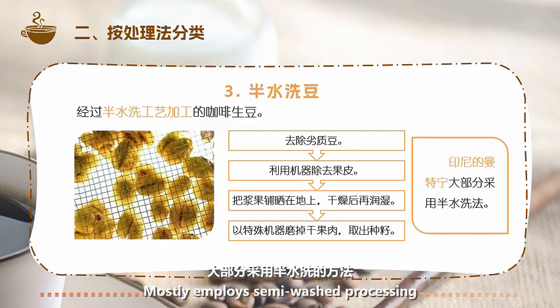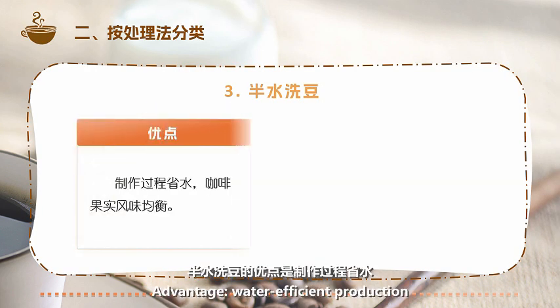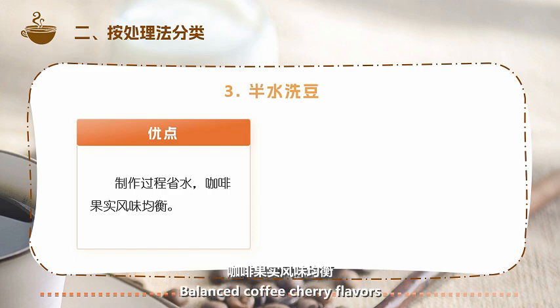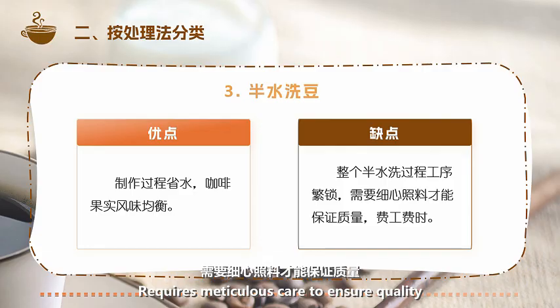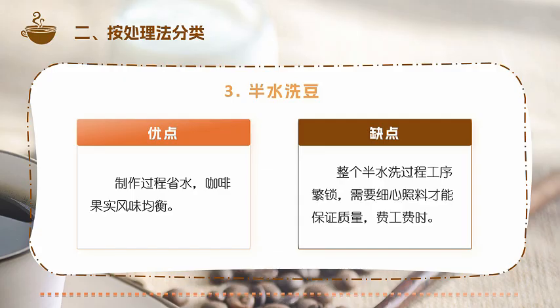Indonesia's Mandheling mostly employs semi-washed processing. Advantage: saves water, efficient production, balanced coffee cherry flavors. Disadvantages: the entire semi-wash process is labor-intensive, requires meticulous care to ensure quality, time-consuming and laborious.